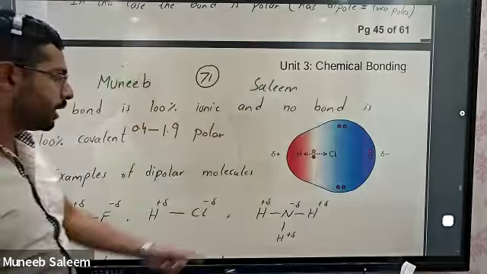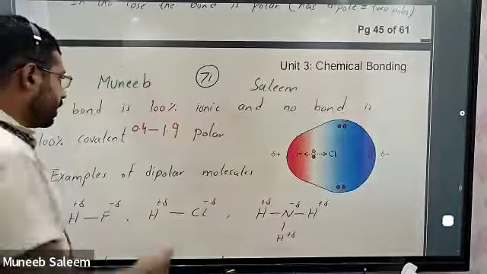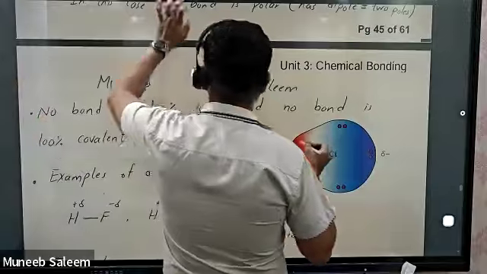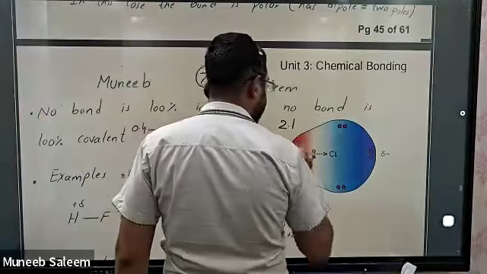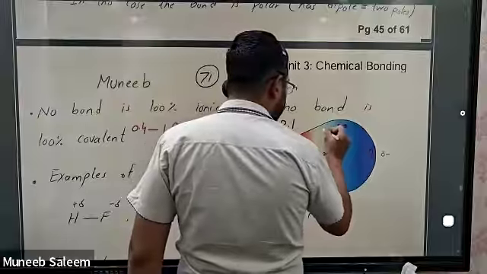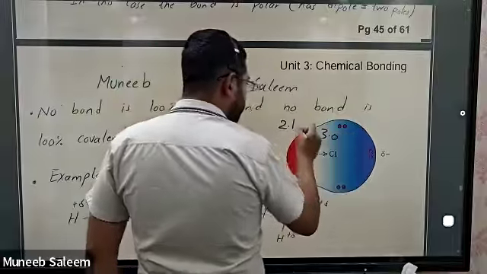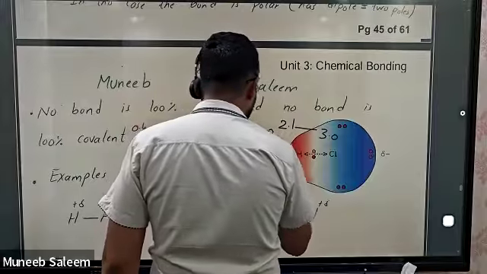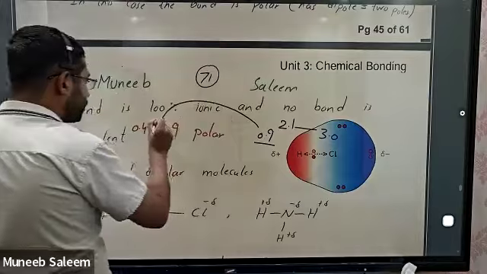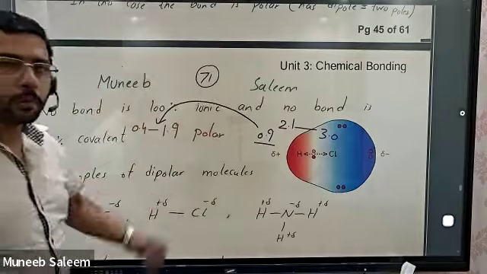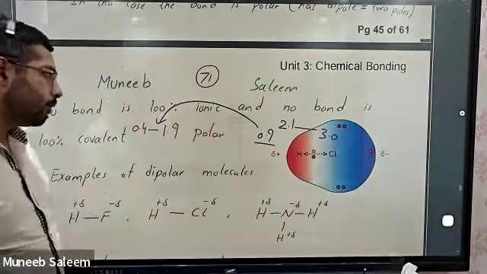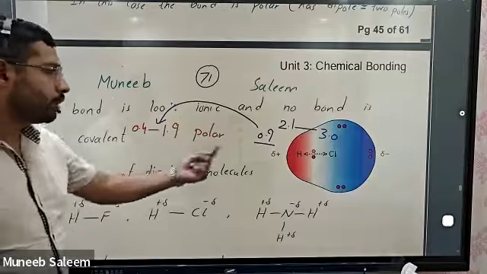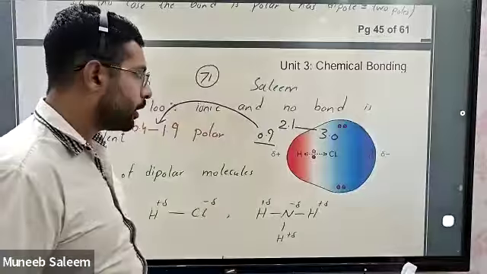For example, if we take HCl, hydrogen has the value of 2.1 and chlorine has a value of 3.0. So the difference between the two will be 0.9. Now this 0.9 value lies within the range of 0.4 up to 1.9. So according to this, this molecule will be said to be a polar molecule.